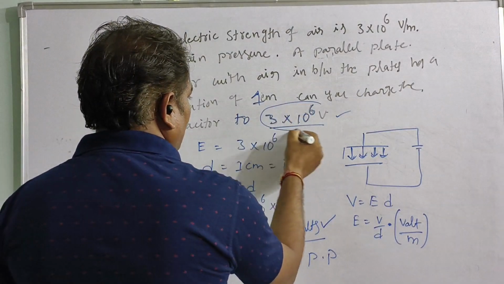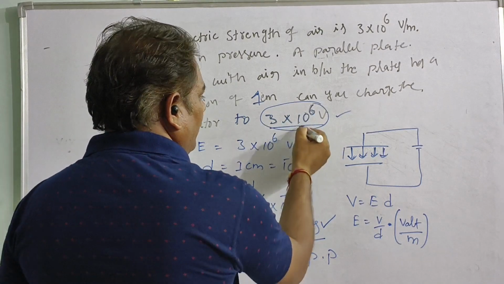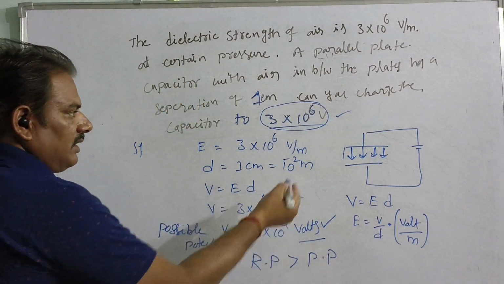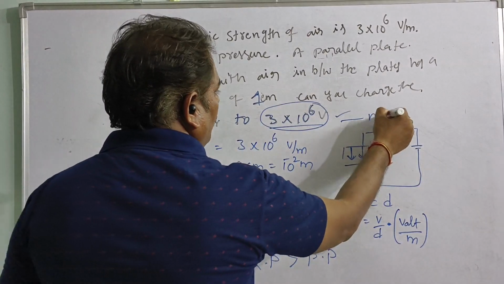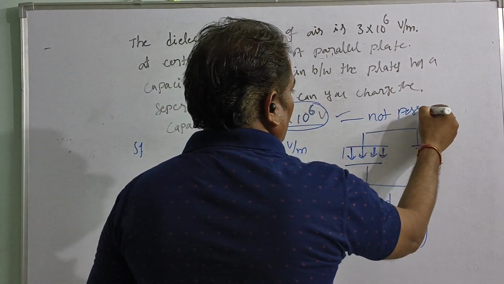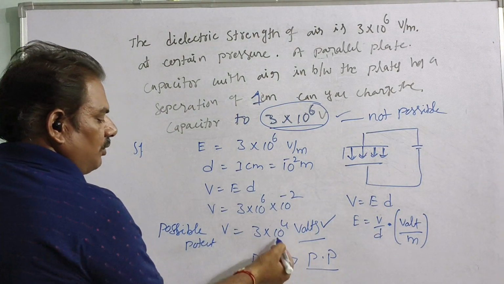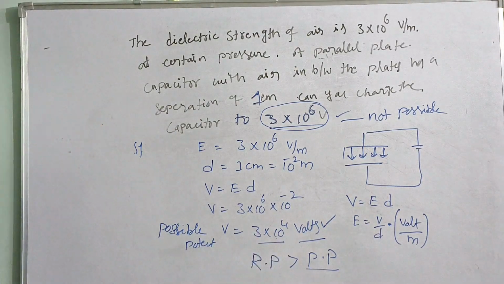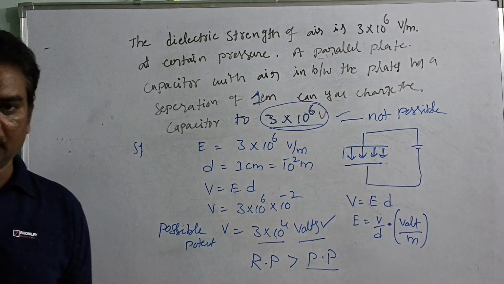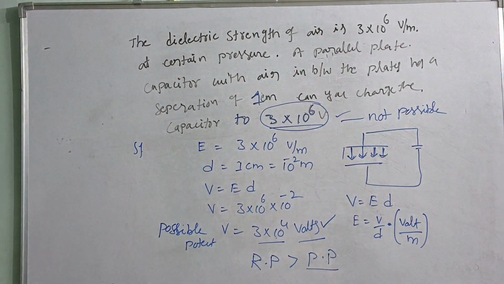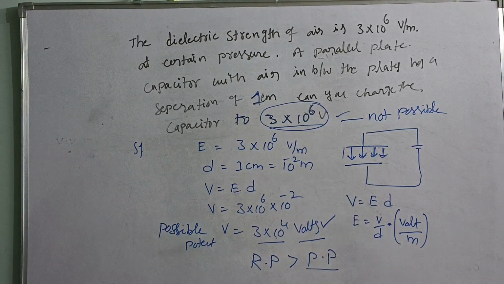Can you charge the capacitor to 3 into 10 power 6 voltage? Not possible, because the possible potential is 3 into 10 power 4 volts.